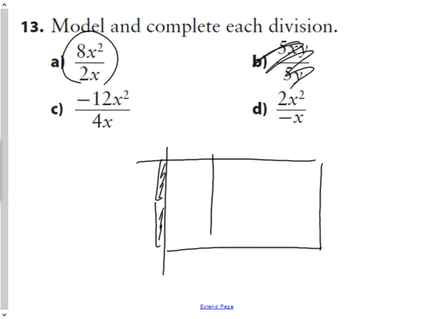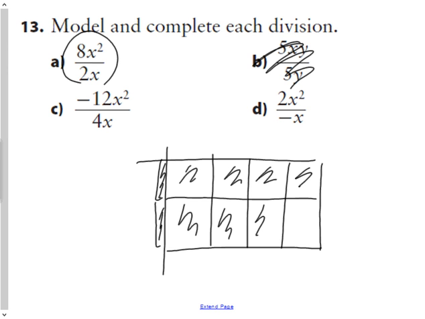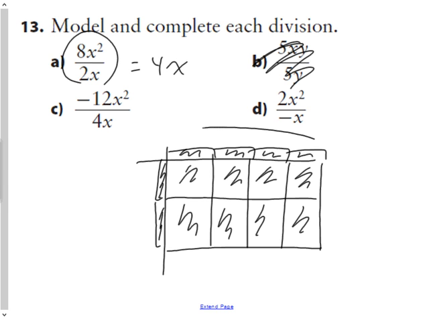So if I draw it like this, there's my 8x squareds. Those are positives. It helps me fit it in because I know exactly how to do it and how to get it evenly. And then I know, based on the modeling, that each of these have to be a positive x. So therefore the solution would be 4x. Right here.